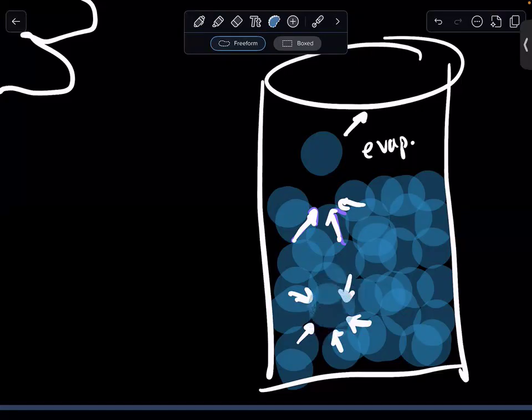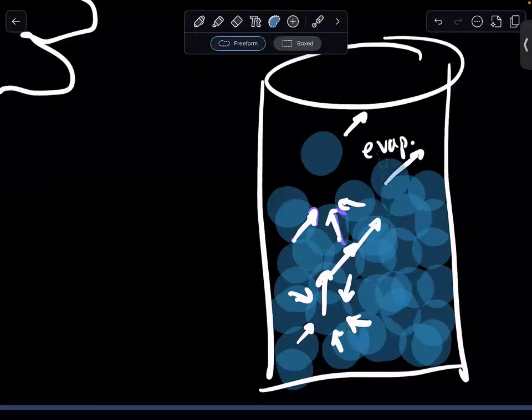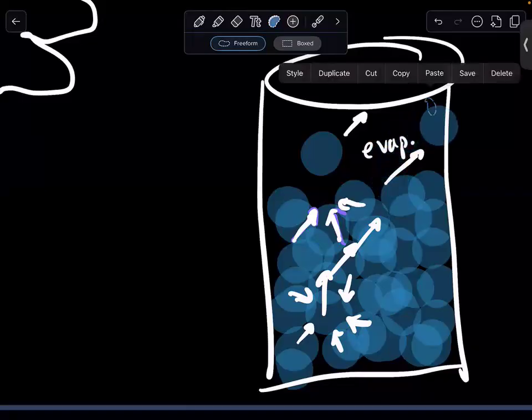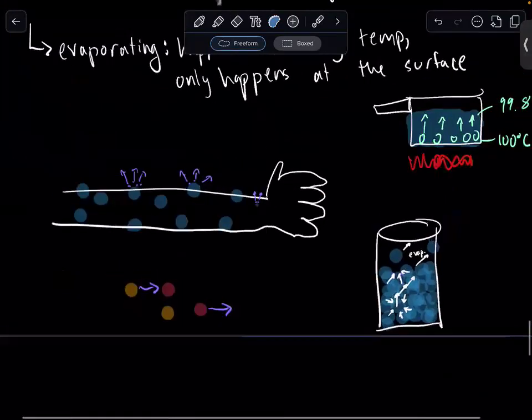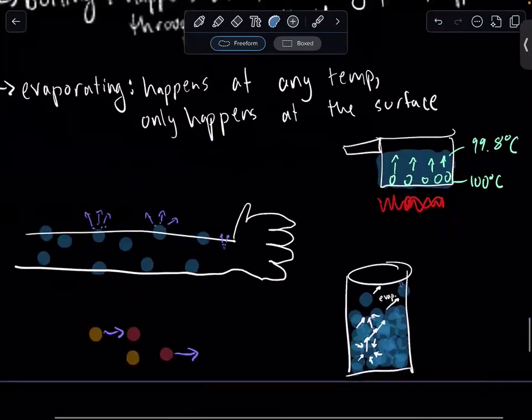Well, it's just going to run into another particle and then transfer all that energy to it, which will transfer all that energy to another, until it transfers its energy to another particle which is not locked in, and that particle will also leave. So that can only happen at the surface where it doesn't have any more particles to run into. And so that's how evaporation works.